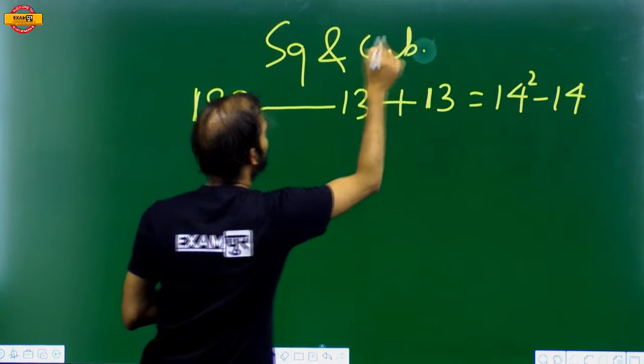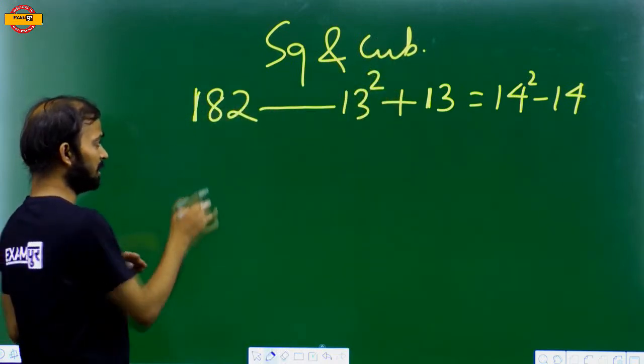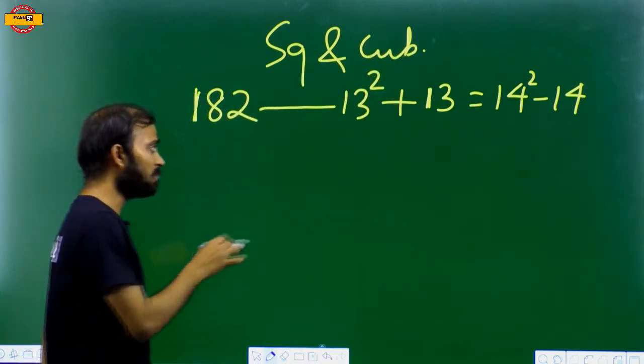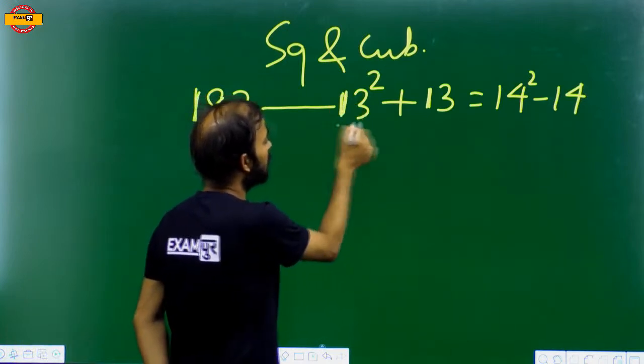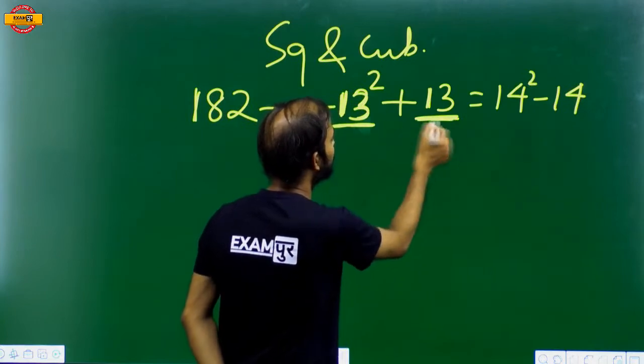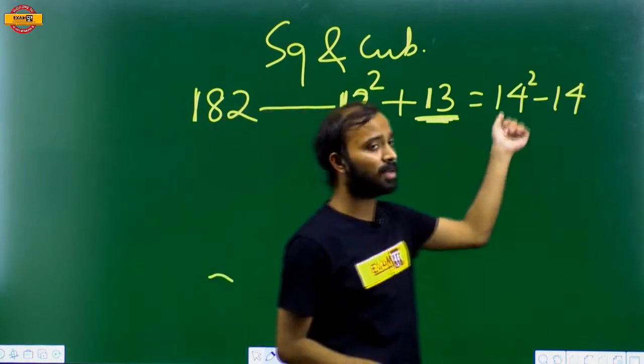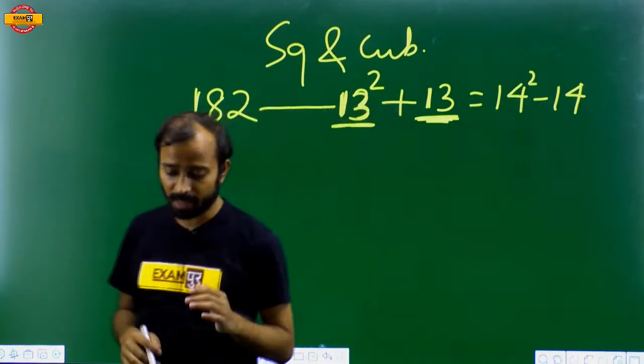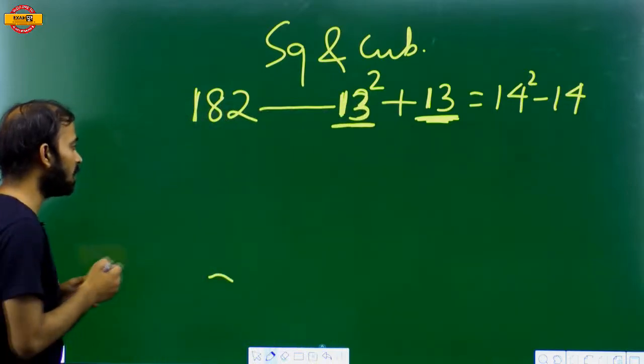These are numbers related to squares and cubes, because it's a special one: 13 square, the square of the same number, plus the same number. Similarly, the square of the same number minus the same number. That's why it's a special number.